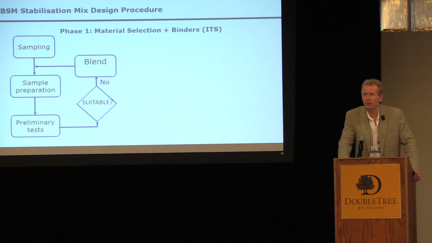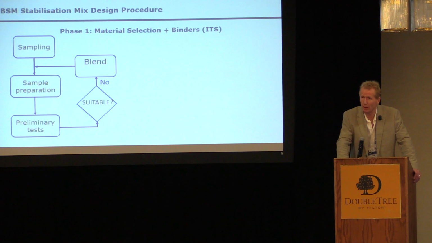The first step of a mix design is to identify, do I have the right grading and the right types of aggregates to be able to do recycling with, to be able to bitumen stabilize. And sampling, as we all know, is a starting point. It is a very important point because this is where you can already begin to incorporate variability if it's not done properly.